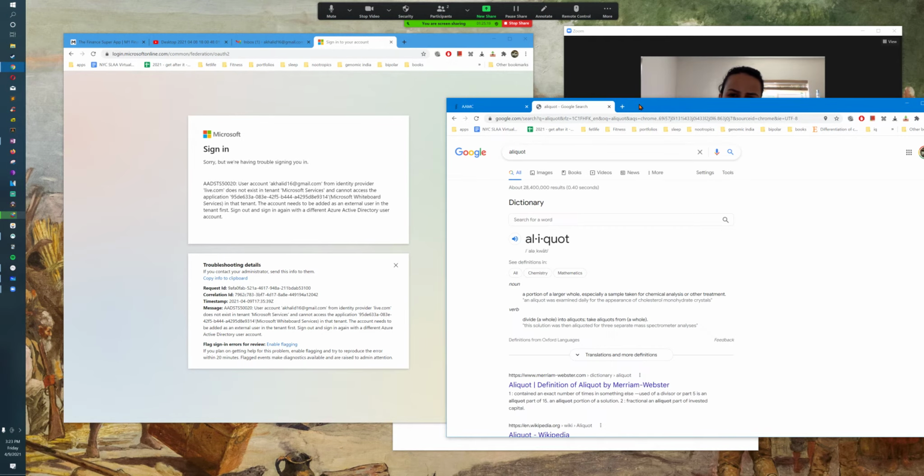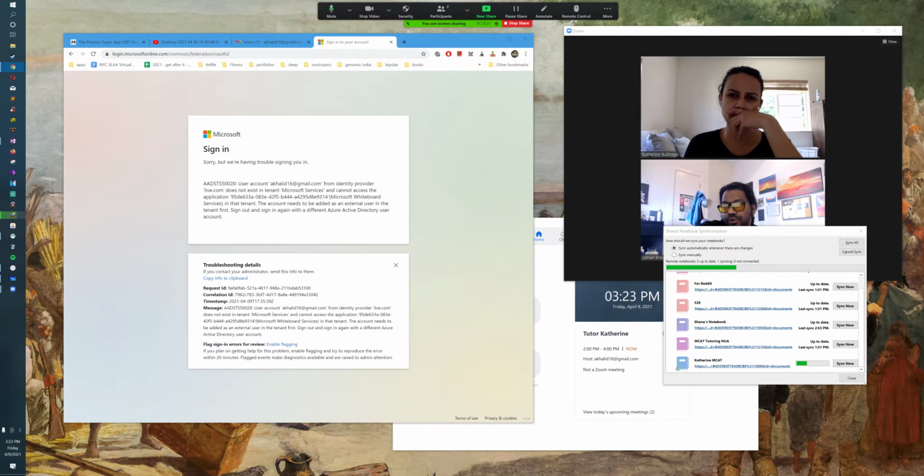Here: aliquot, a portion of a larger whole, especially a sample taken for chemical analysis or other treatment. This is what I was trying to draw right here. They're in these small kind of things. I don't know if you've ever worked with them. Yeah, so that's what an aliquot is.